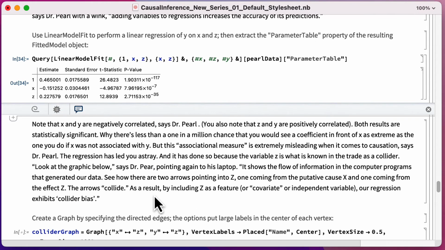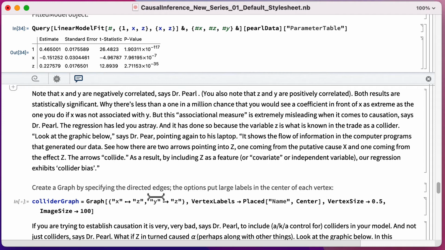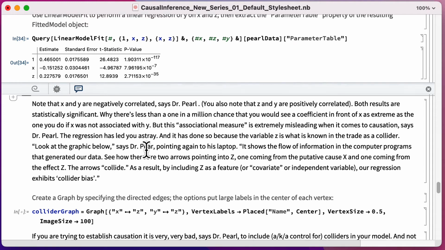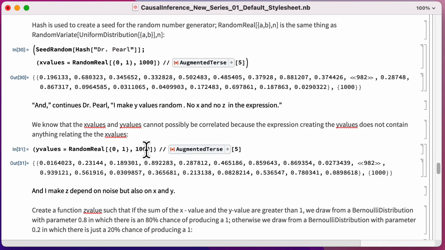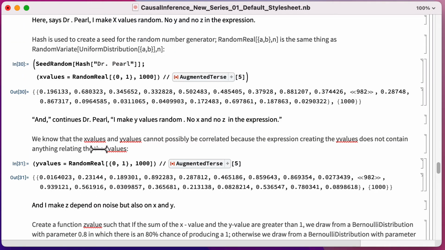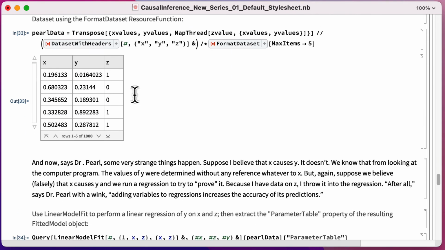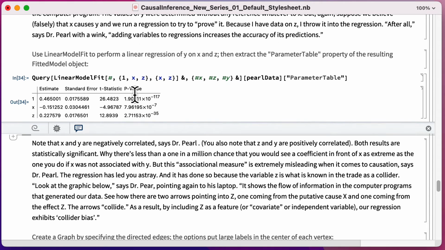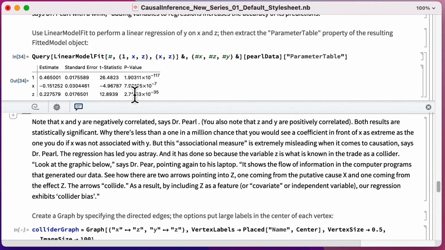But wait a second, how can that be? How can x and y be negatively correlated when by construction y didn't know anything about x and x didn't know anything about y? That's what Dr. Pearl is concerned about.